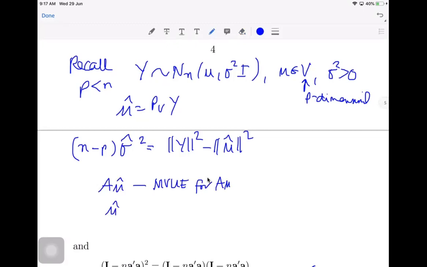Mu hat is MLE for mu. Sigma hat is MVUE for sigma.